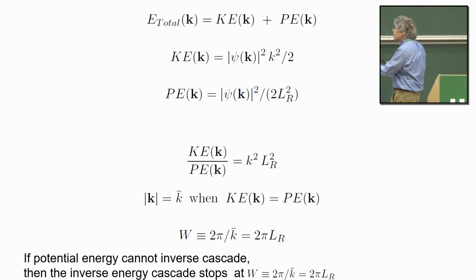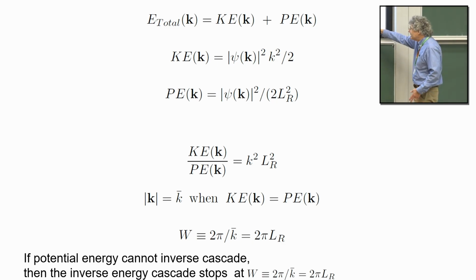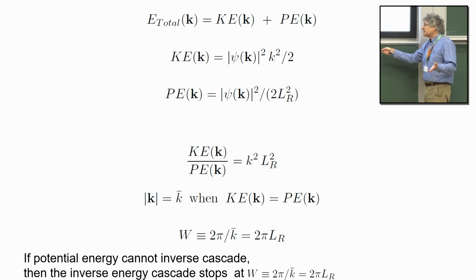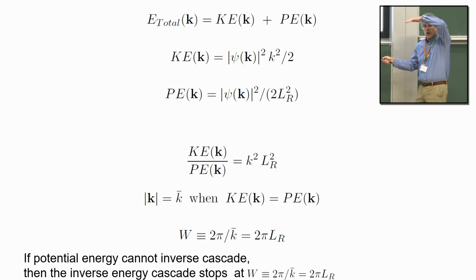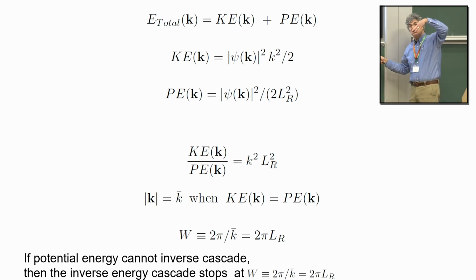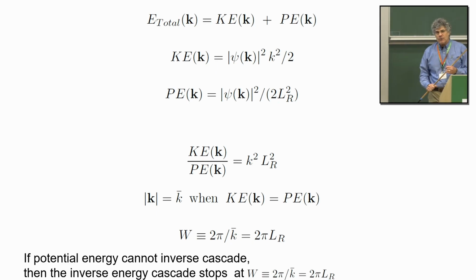So when are these equal to each other? They're equal when the kinetic energy equals the potential energy, or equivalently, this k bar is basically the deformation radius itself. So the length scale associated with this crossover, where the kinetic energy suddenly loses dominance, is going to be 2 pi times the deformation radius.